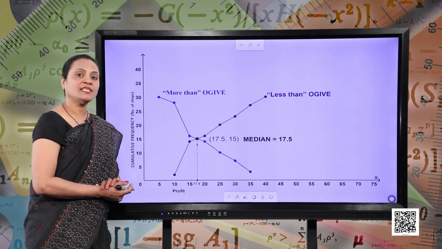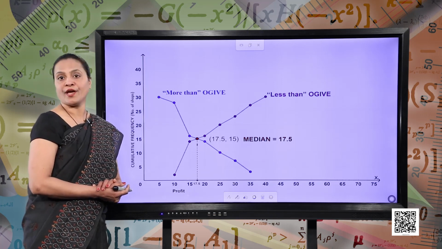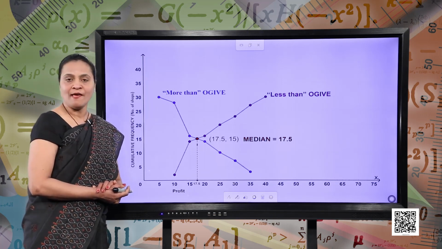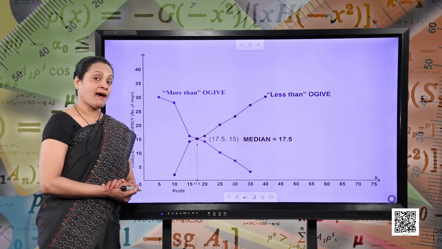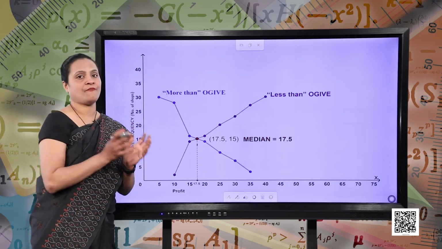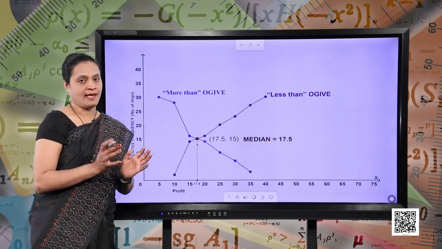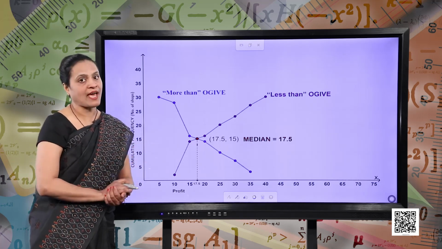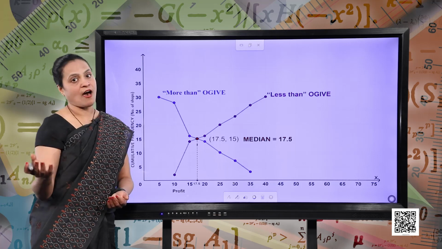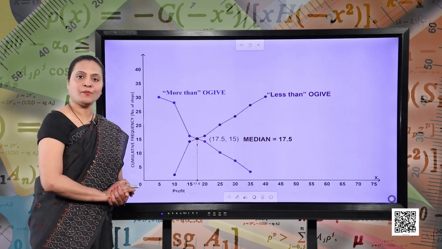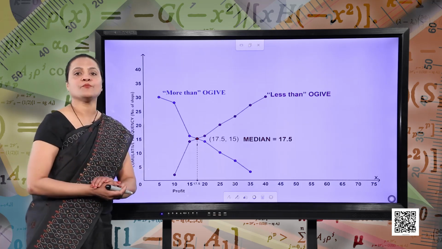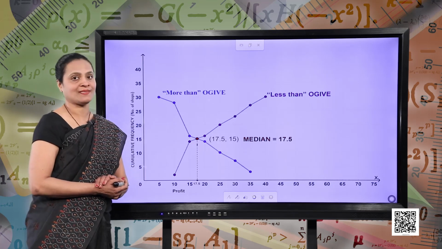So, our median will be 17.5 lakh rupees, which says that half of the shops have earned profit less than 17.5 lakhs and the rest half of the shops have earned profit more than 17.5 lakh of rupees.